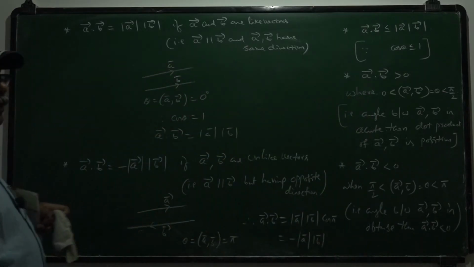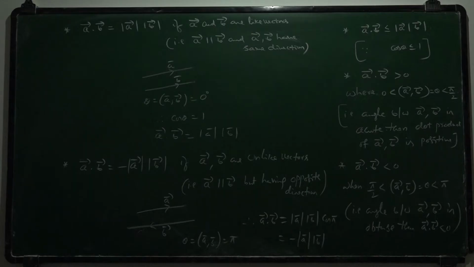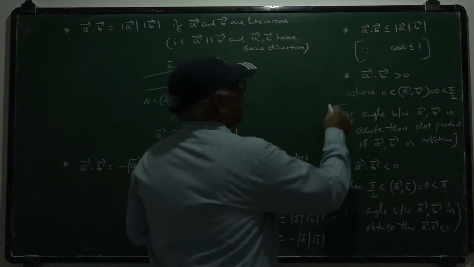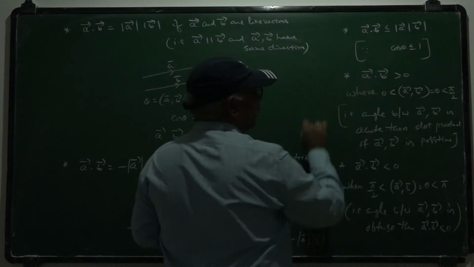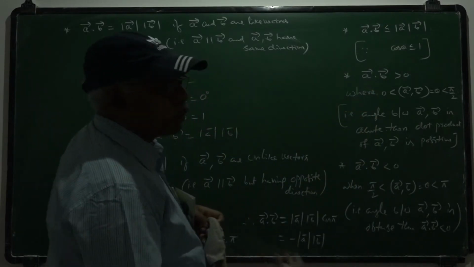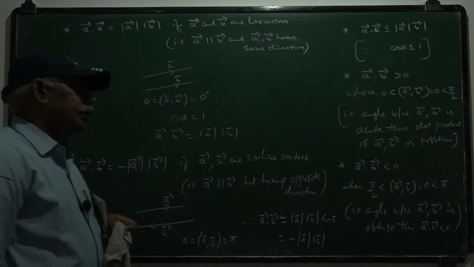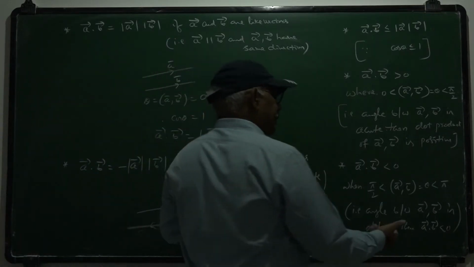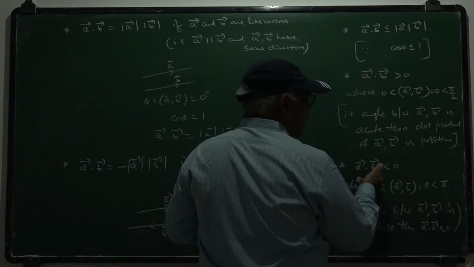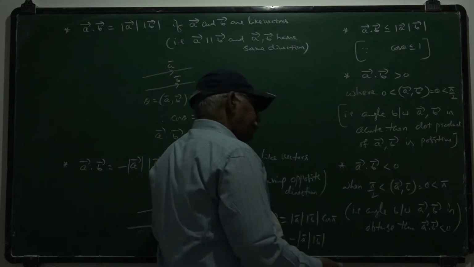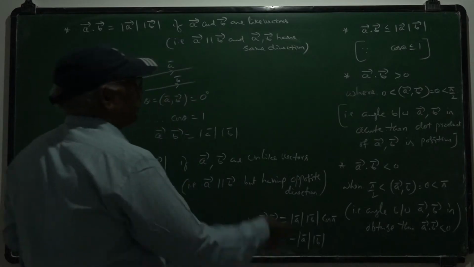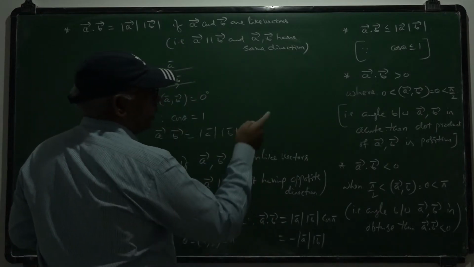Once the angle between the vectors is obtuse, then their dot product is negative. This is also a very important point. If the dot product is positive, then the angle between the vectors is acute. If the angle between the vectors is obtuse, then the dot product is negative, and vice versa. This is one important point related to the dot product.